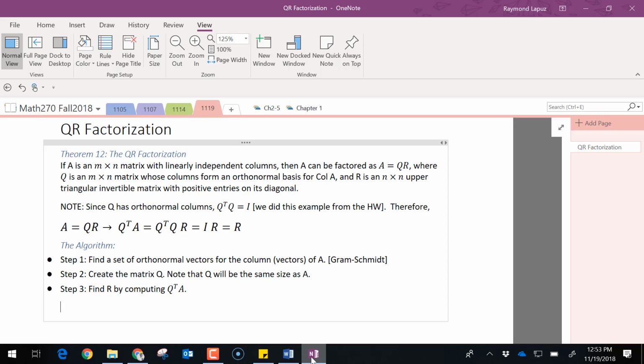So the QR factorization is that if you have an M by N matrix, then you can factor your matrix into Q times R, where Q is another M by N matrix, the same size as A, except the columns are going to be orthonormal. And then you have another matrix R, and R is an upper triangular matrix.